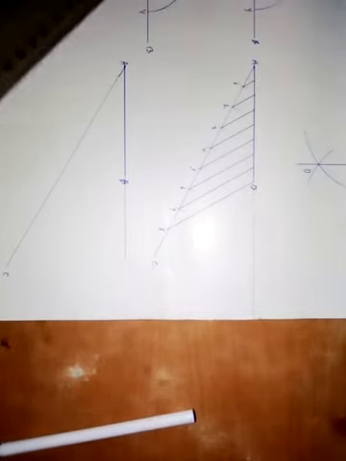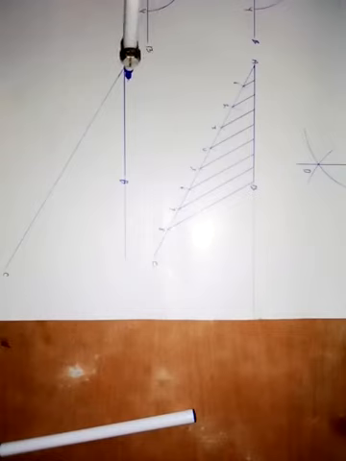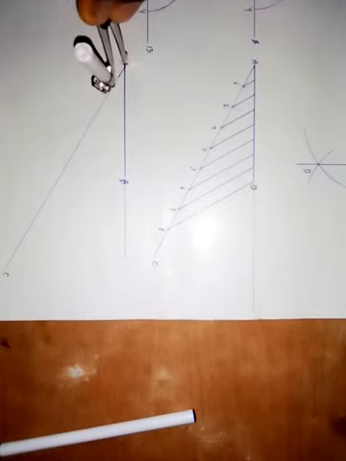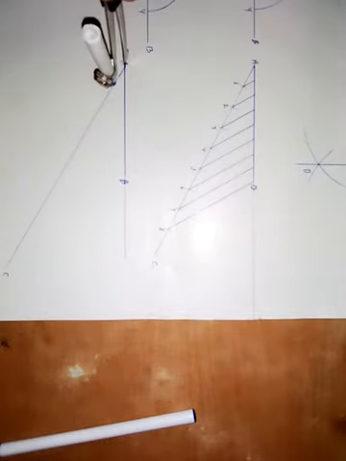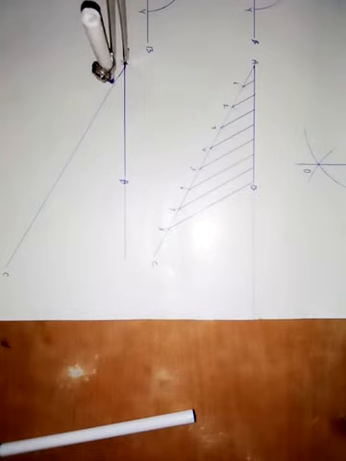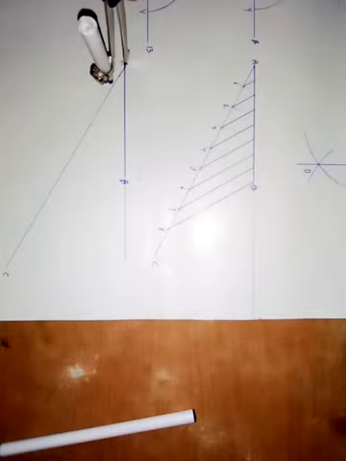On this line AC, take your compass, extend to any convenient radius, put the pinpoint at A, and draw an arc. We are going to make 9 arcs on this line AC, as we have added the given proportion together: 2 plus 3 gives us 5, 5 plus 4 gives us 9.